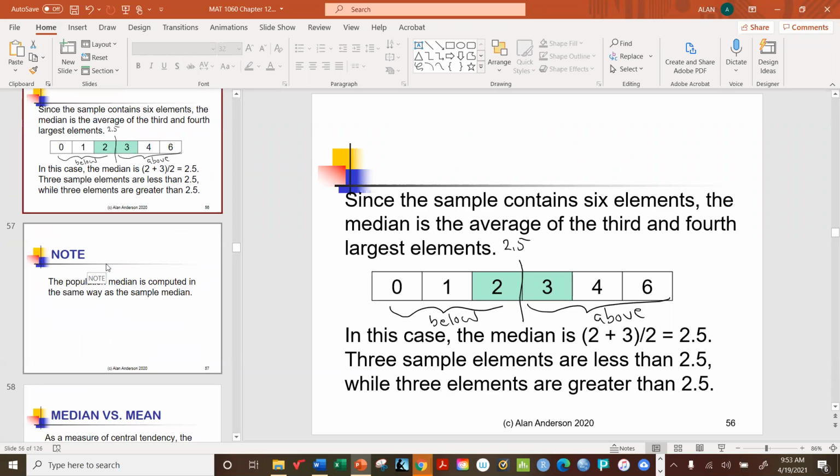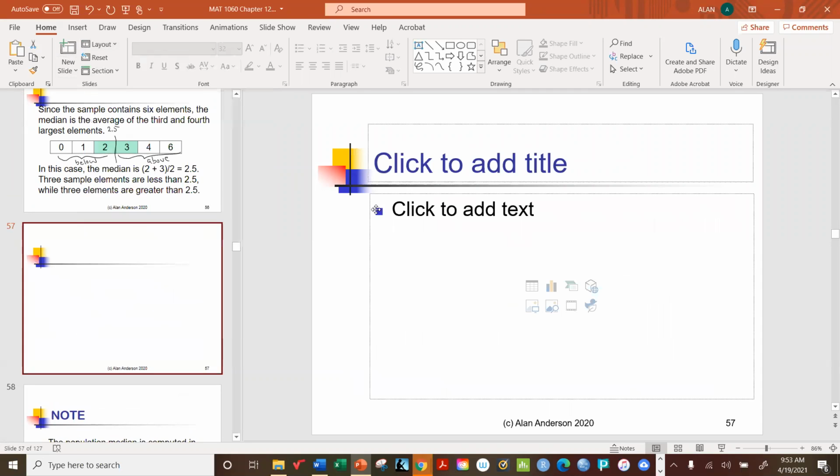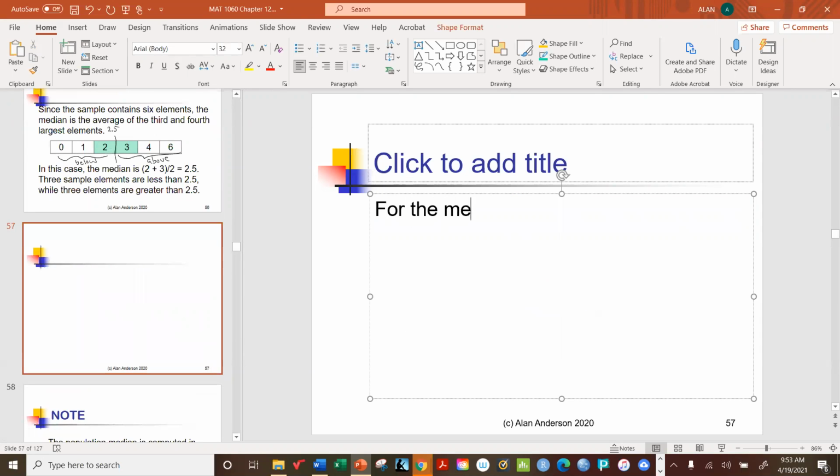Now, unlike the mean, there is no formula for doing this. If you notice, we didn't actually use a formula. For the median, there is no mathematical formula.